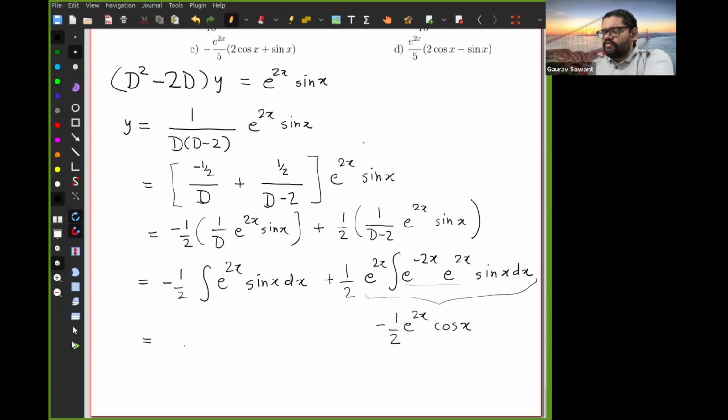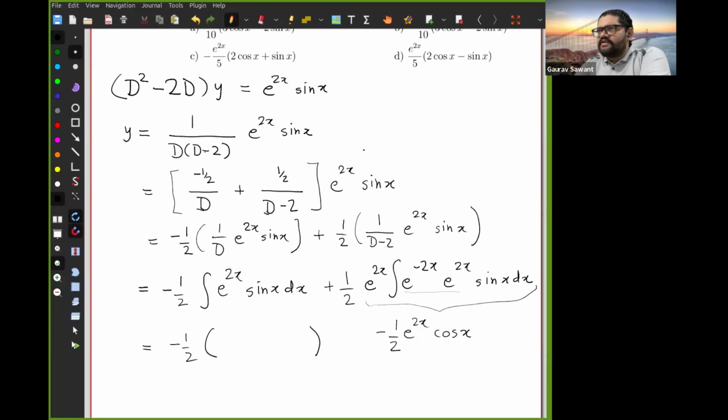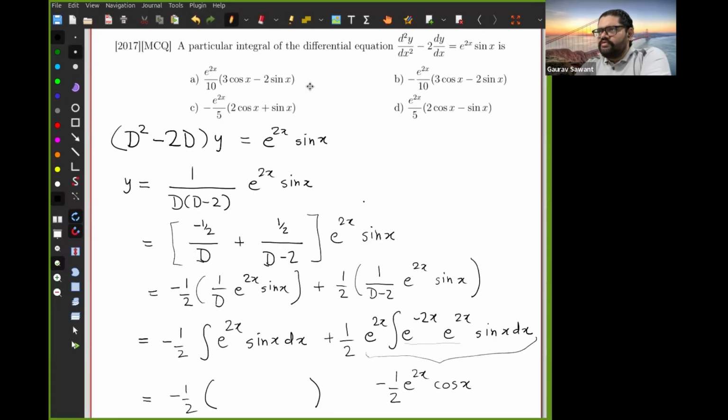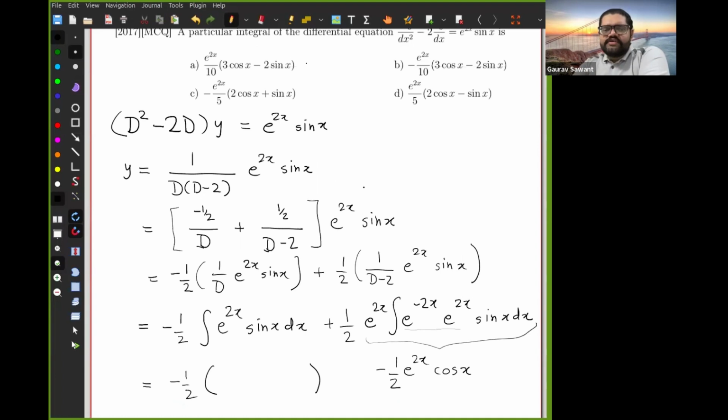So minus half times something, and then there is a minus half e power 2x cos x. Once you complete this, you will get the exact values of those constants, which will help you solve this. I will give you some time, and you please solve this first integration and tell me what the answer for this particular integral is.